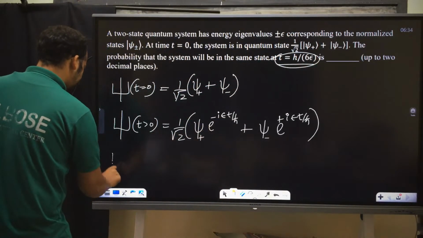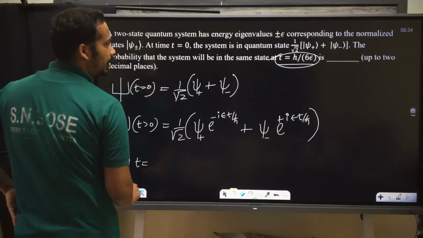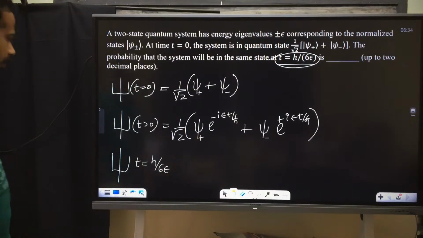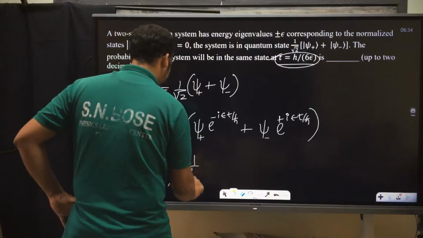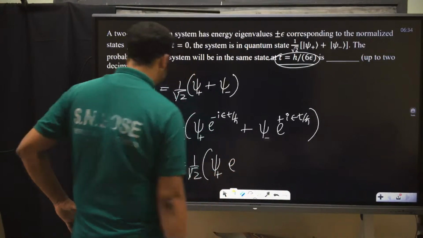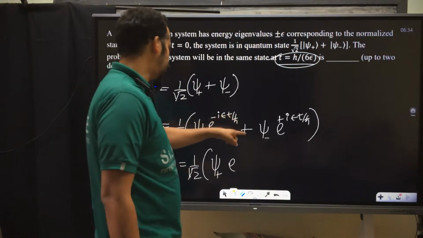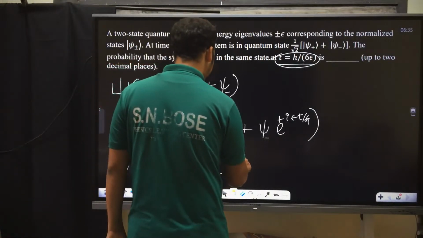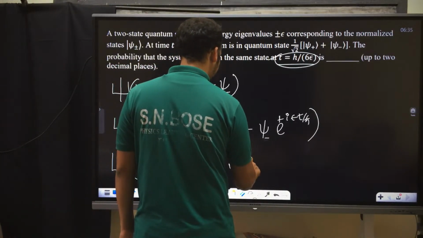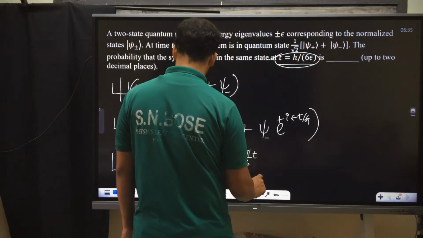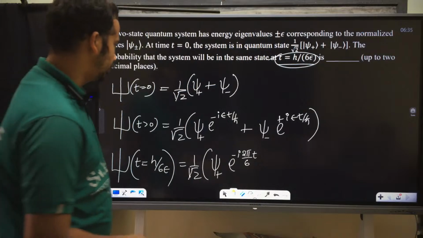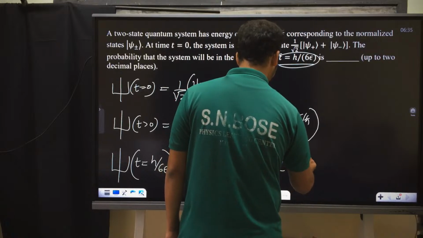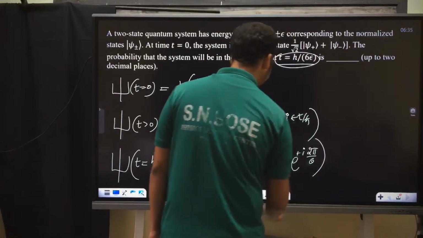So now let me find psi at t equal to h by 6E: 1 by root 2, psi plus e power minus i 2 pi by 6, because h is h by 2 pi, and 2 pi comes into the numerator, with only t substituted, plus psi minus e power plus i 2 pi by 6. Check this out. Will you get this one?